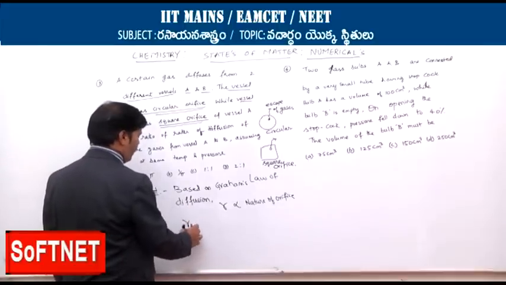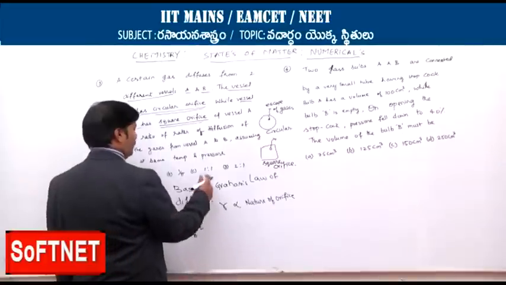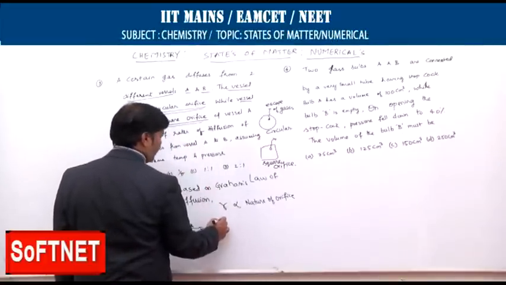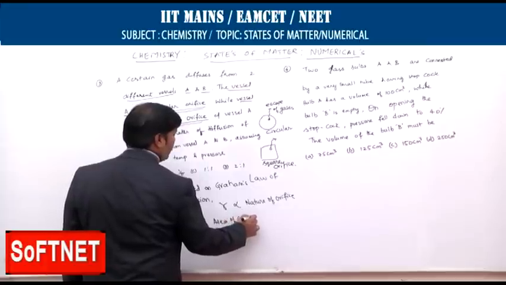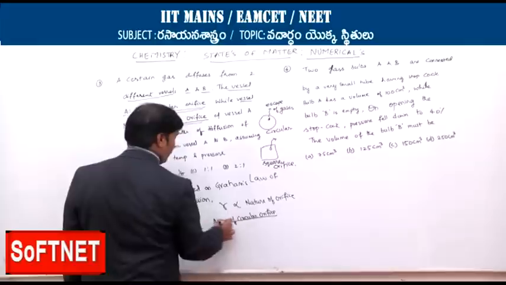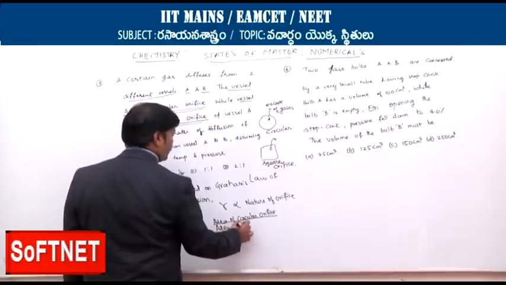Okay. So based on this, directly I am going to take here rate of diffusion of A divided by rate of diffusion of B is equal to area of circular orifice divided by area of square orifice.